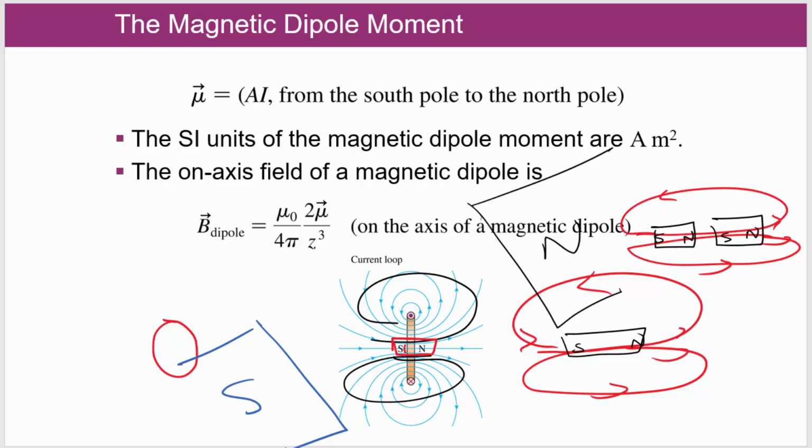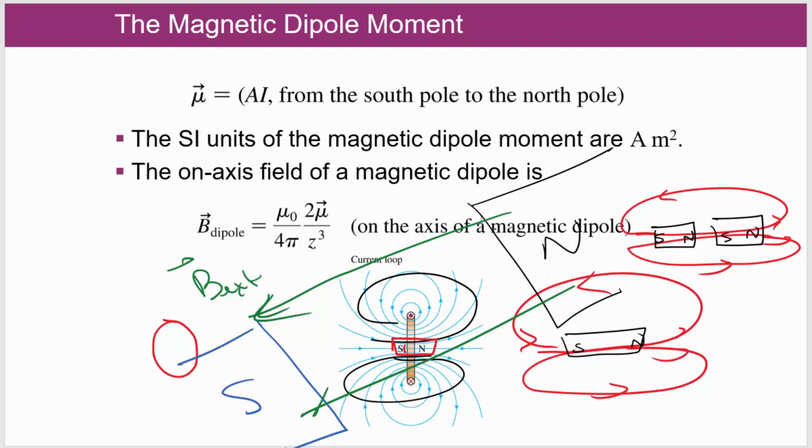Then there is going to be an external magnetic field, again, coming out of the north, entering the south pole. Call this B external to our loop. So what's going to happen to the loop? The loop is going to experience a magnetic torque just as an electric dipole would behave in an external electric field.